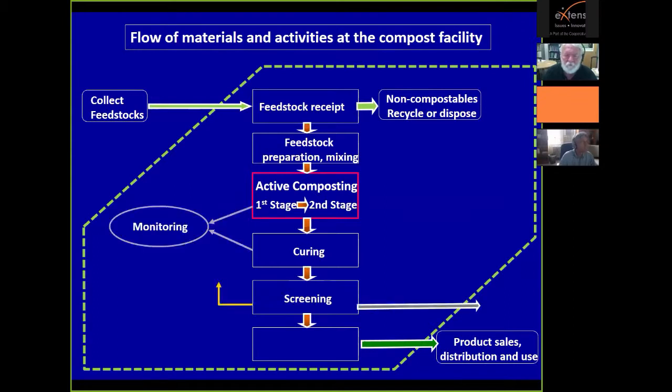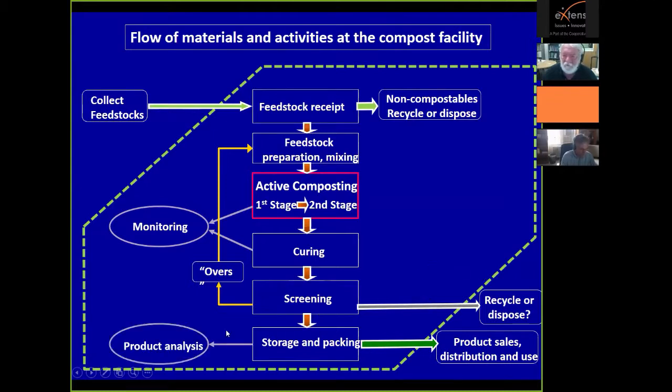We have our curing or maturation phase, the screening phase, which is a product preparation step, and then product storage and distribution. As part of this, we will recycle the oversized particles from the screening step back into the mixing step.